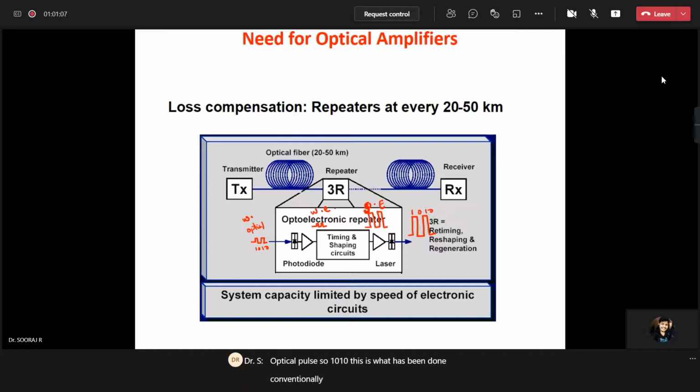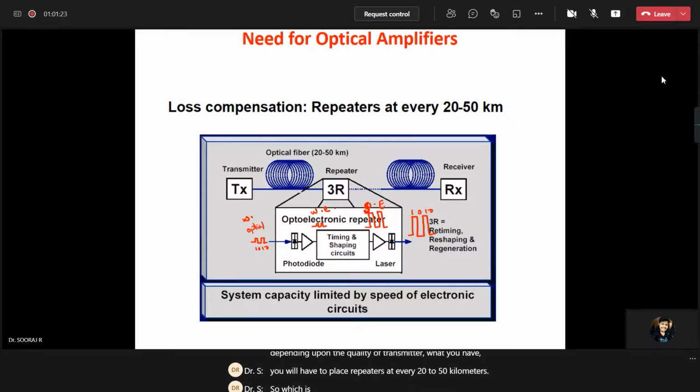Now the drawback is that you will have to place a repeater at every 20 to 50 kilometers, depending upon the quality of the optical fiber and the quality of the transmitter you have. Which is going to be a costly business.